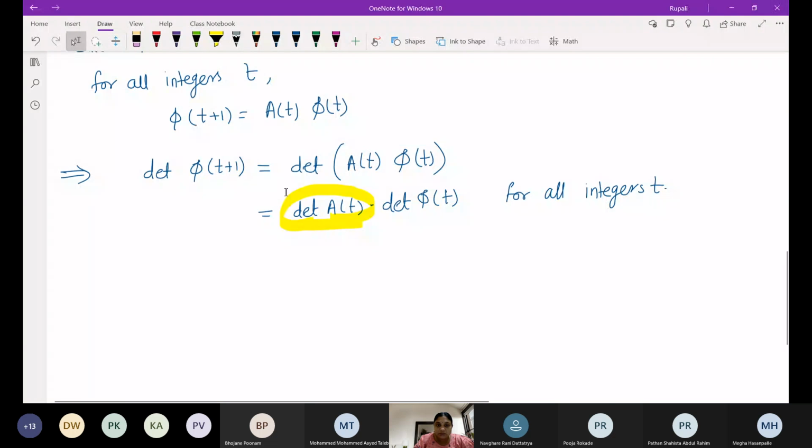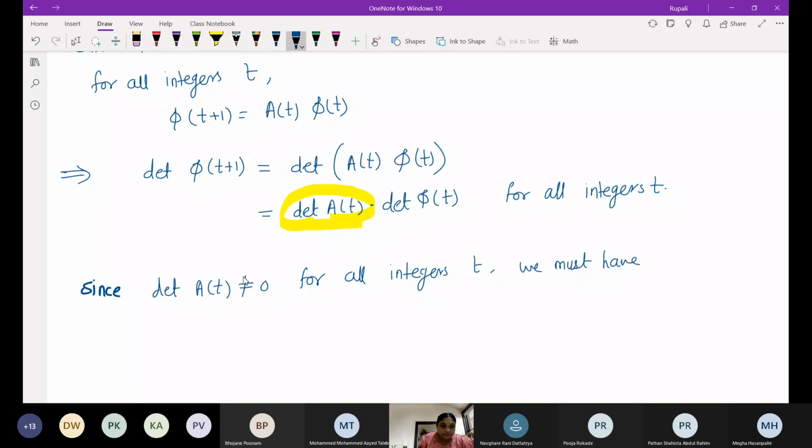Since the determinant of A(t) is non-zero for all integers t, we must have either the determinant of phi t equal to 0 for all integers t, or the determinant of phi t non-zero for all integers t.